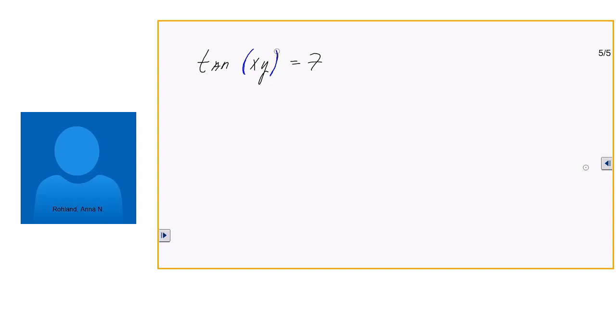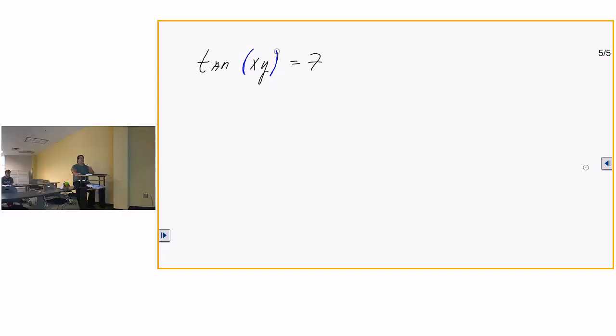I'm so happy somebody listened. So you've not only got to use your trig function, which is just memorization, but you've got to take the derivative of what's inside, which is xy, which we've done like 3 times so far: first times derivative of second plus second times derivative of first. Because it's in parentheses. So go ahead and do that. I'll take the derivative of 7 for you. That'll be 0.